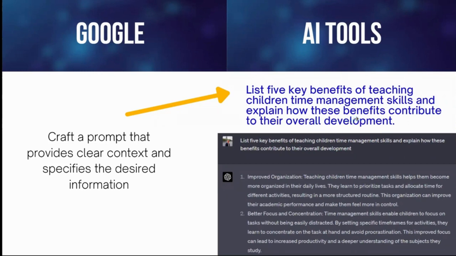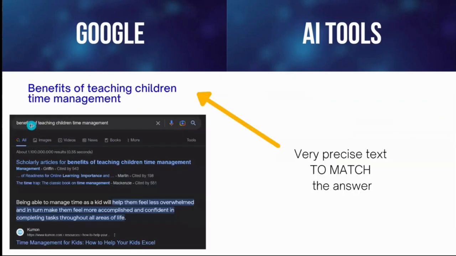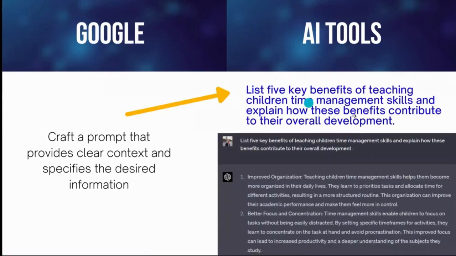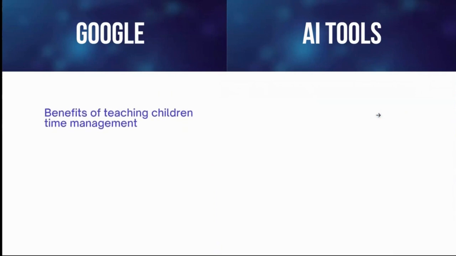This is what I would do if I'm using artificial intelligence tools instead of Google. Here you have a very small, very easy to match search. With artificial intelligence, you need to provide more context. And it is very important.